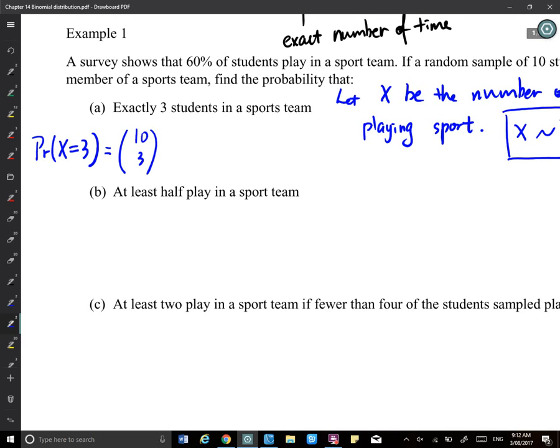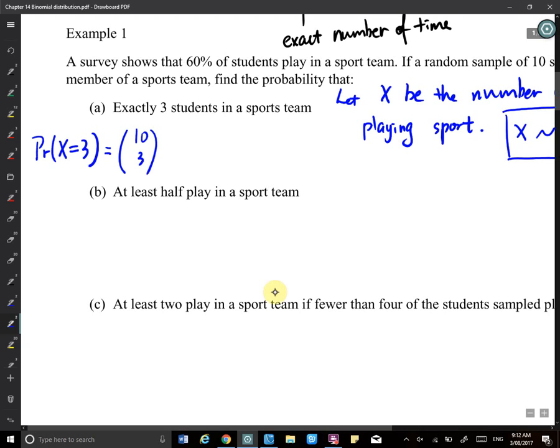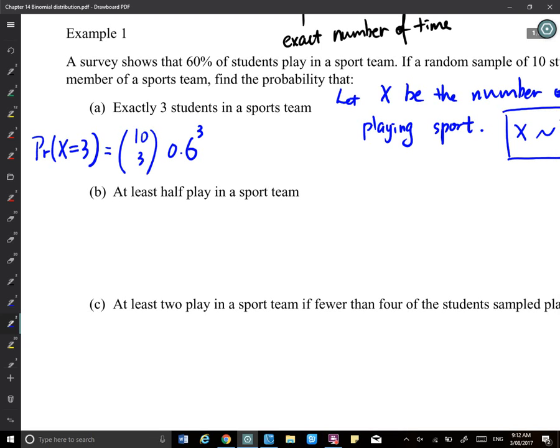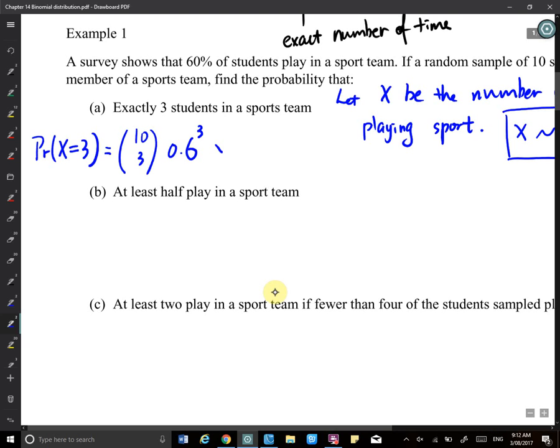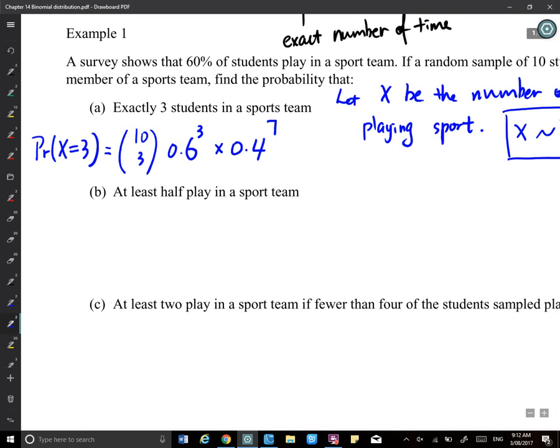That's the number of ways I can have 3 students playing sport among 10 students. I multiply by the probability, which is 0.6 to the power of 3, because 3 successes is 0.6 times 0.6 times 0.6. And I also need 0.4, the failure rate, to the power of 7, because 7 students failed. So 3 successes, 7 failures. You need to multiply those 10 probabilities together. That's the way we do that.